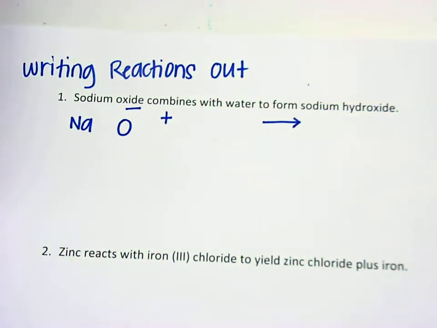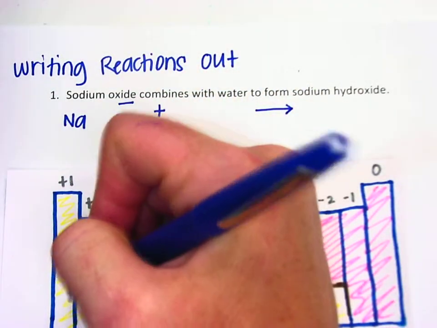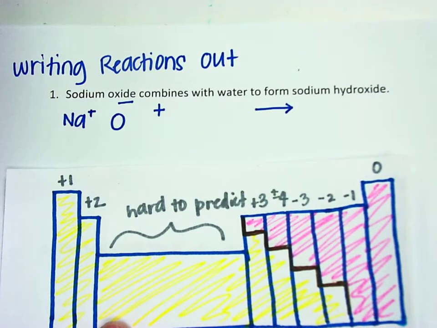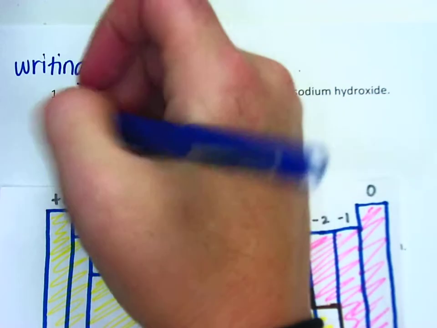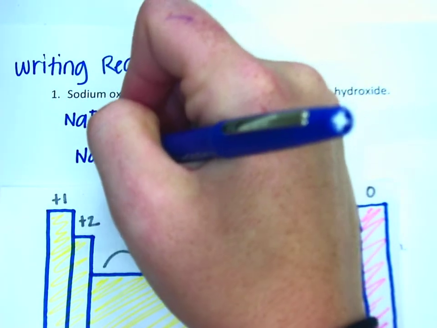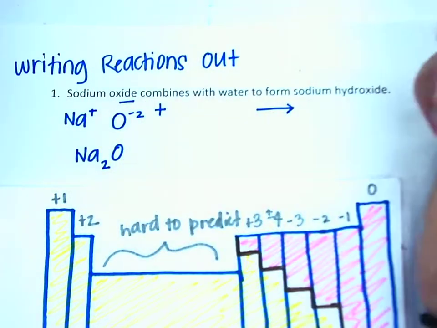I'm going to need to know their oxidation numbers to bond them. Sodium's in group 1, so it's going to have an oxidation number of +1. Oxygen is in group 16, so it will be -2. And then I will crisscross. The 2 next to oxygen will come down next to sodium, and the 1 that was next to sodium would come down next to oxygen.